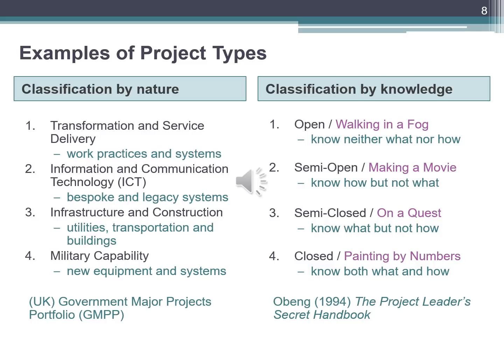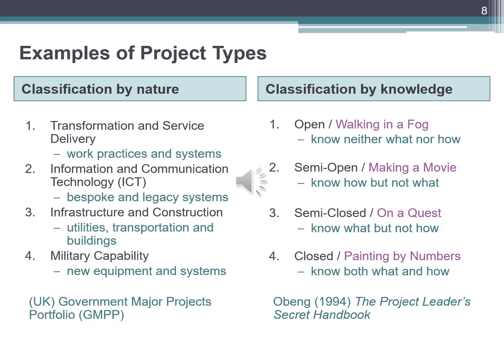Obank likens such a project to walking into a fog. In semi-open projects, you know how the project should be conducted, but are not sure what is to be done. An example is developing a product to make use of new technology or to make use of spare machine capacity.